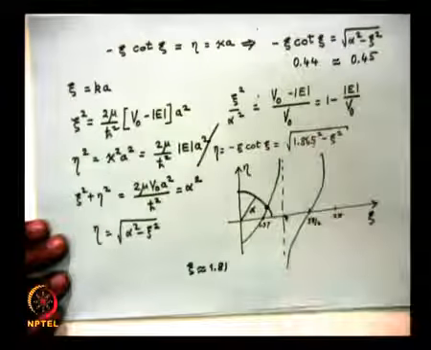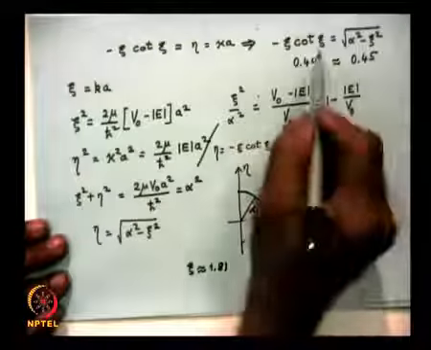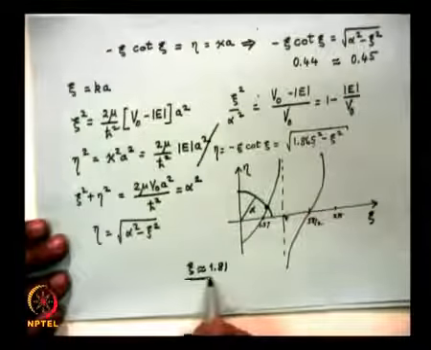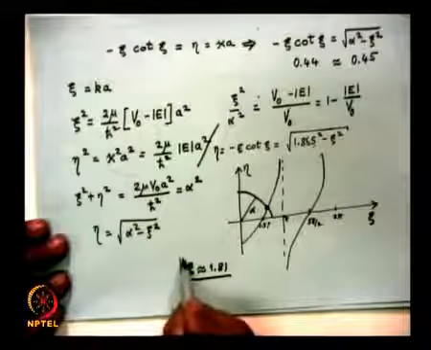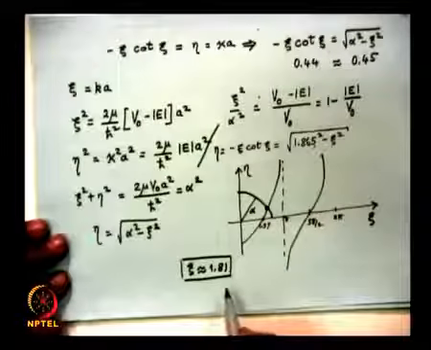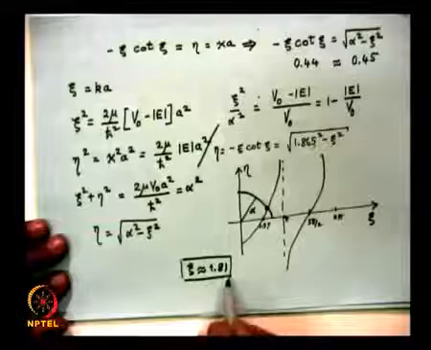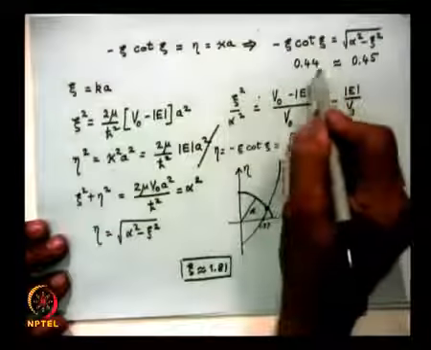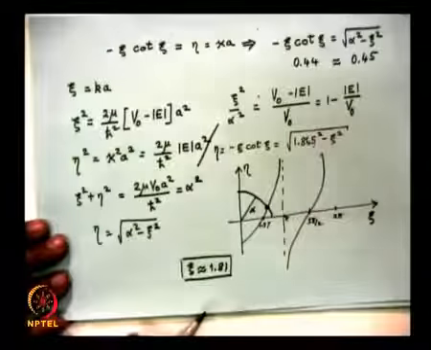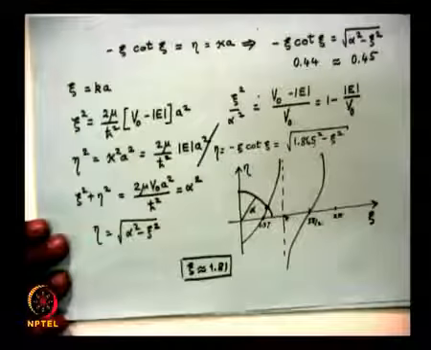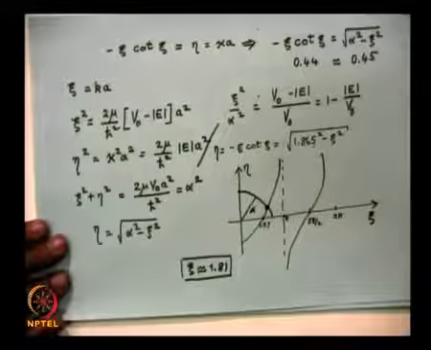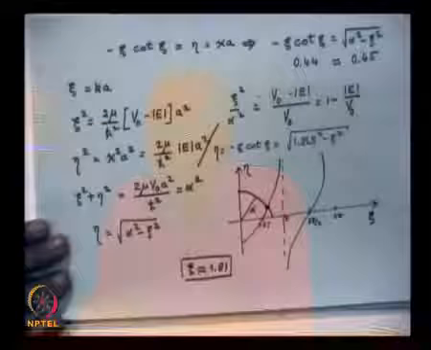They are approximately equal. So, for this value of xi, this is the method for solving the transcendental equation. For this value of xi, the left hand side becomes equal to the right hand side, and therefore that is the root of the problem, that is the eigenvalue.